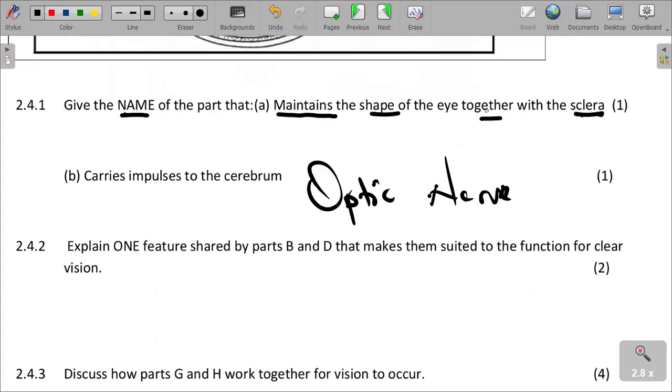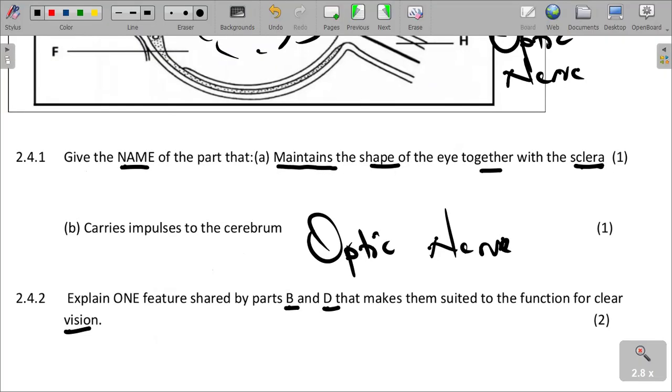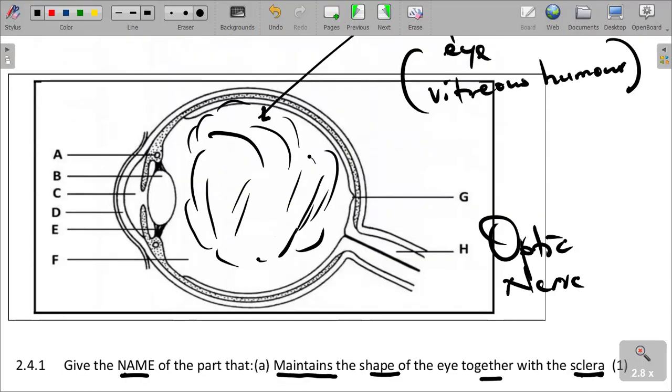And then explain one feature shared by part B and D that make them suited to function for clear vision.